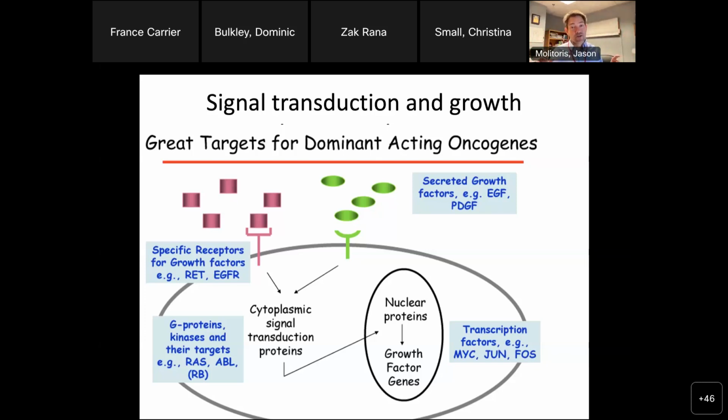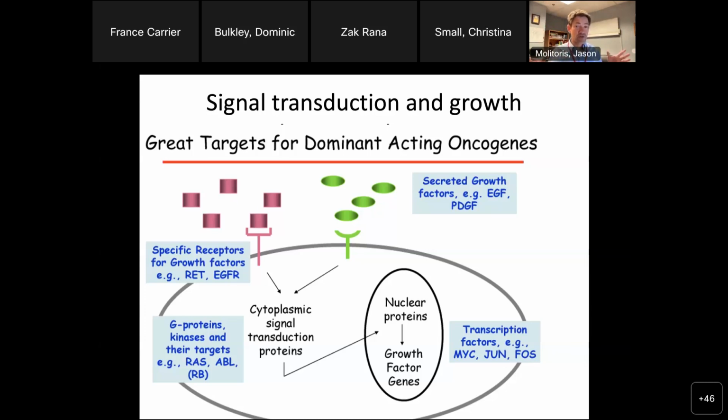But actually, you can also have overexpression of some of these receptors, and just by virtue of the fact that they're overexpressed, they can signal amongst themselves even without an external factor, to lead to behaving like an oncogene. So sometimes it's not even that these receptors are getting a signal from an external source.